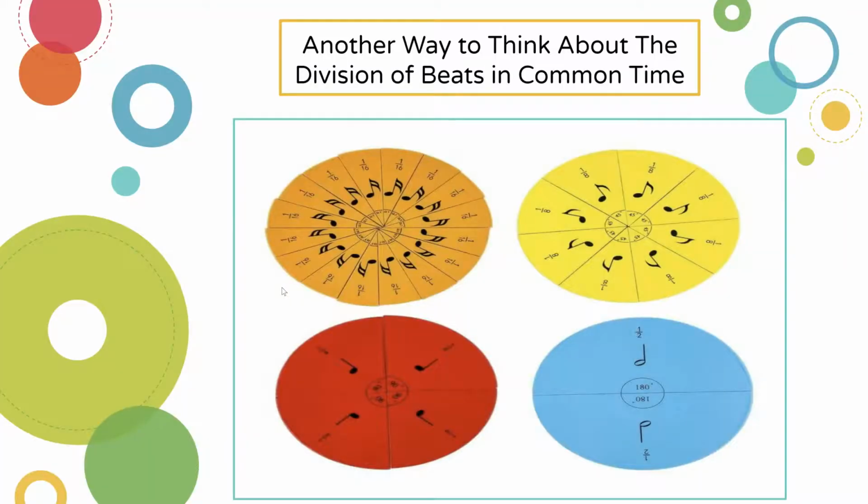I thought that this image was also another good way to visualize it and think of it as circles and pie charts. And this is for common time, that 4/4 time.